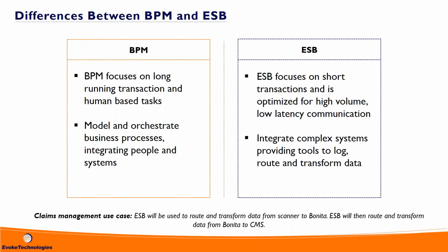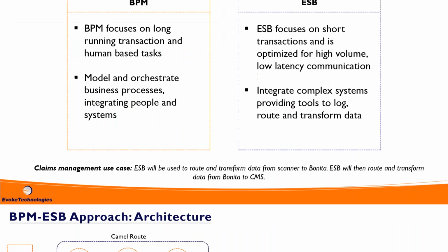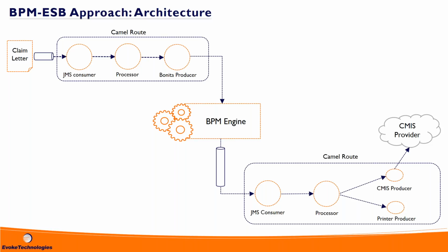Whereas an ESB is more of an integrator. It integrates various complex systems in your software ecosystem, and then you can route the data to the right places, do the transformations and merging, and send it to the right destinations. That's the ESB focus that any SOA-related platform would have.